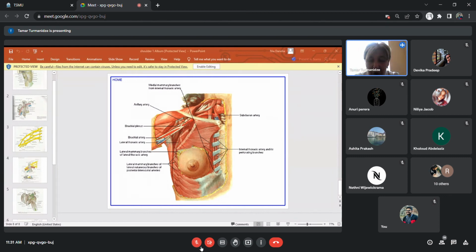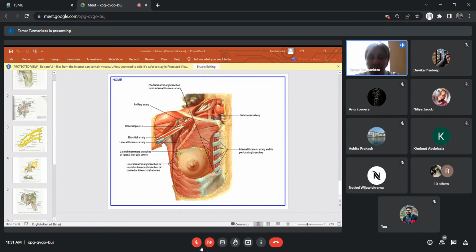So, superior tracheostomy is performed at the level of the first and second tracheal rings. Middle tracheostomy is performed at the level of the isthmus of the thyroid gland, so the third and fourth tracheal rings. And inferior tracheostomy is performed below the isthmus of the thyroid gland, at the level of the fourth and fifth tracheal rings.